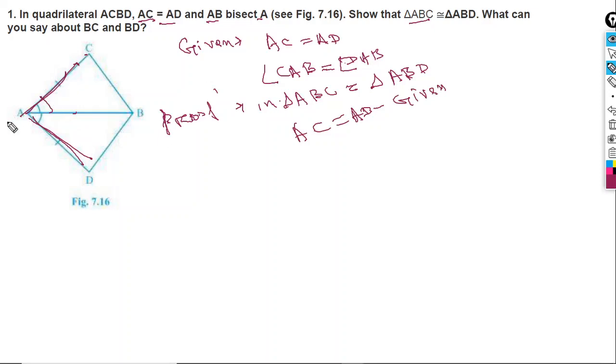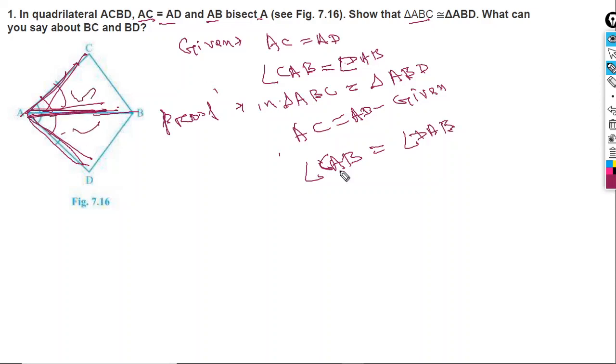Now angle CAB equal to angle DAB. And AB is equal to AB. That means AB side is common for both the triangles. So triangle ABC is congruent to triangle ABD.